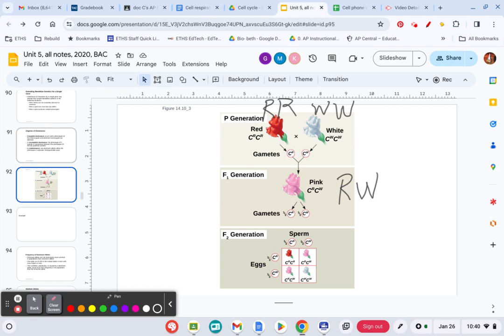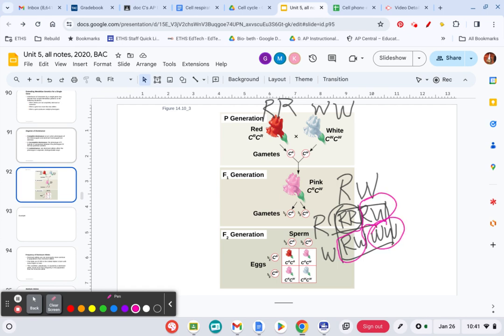Then I could actually breed a couple of these. I do a Punnett square. I have big R, big R, big R, W, or W, and W, W. So I'm going to have one red, two pink, and one white.